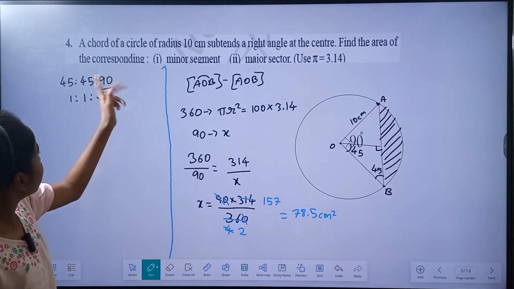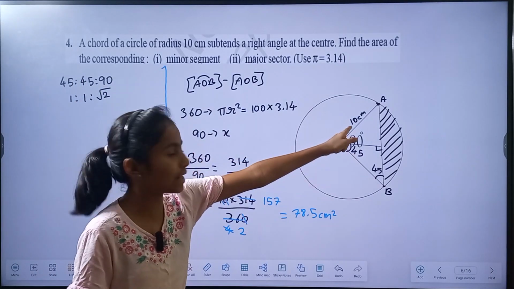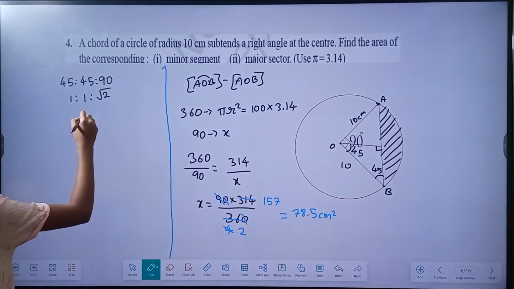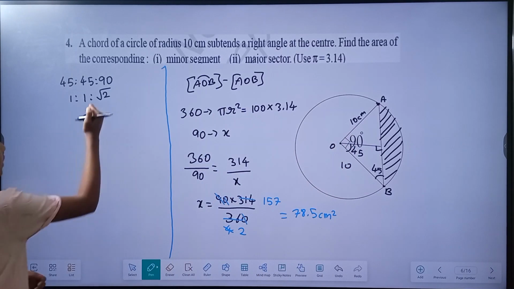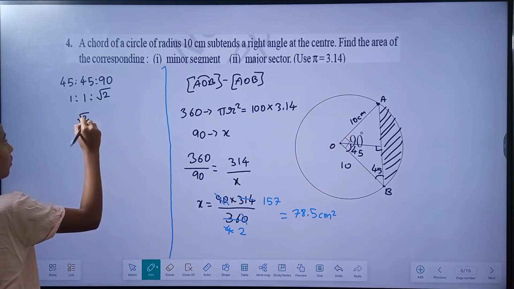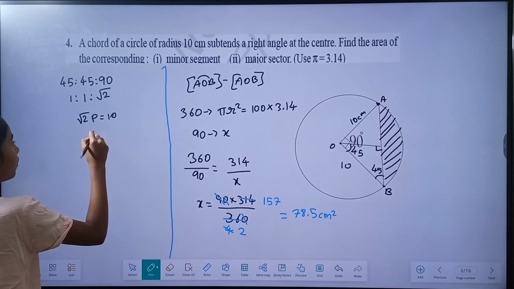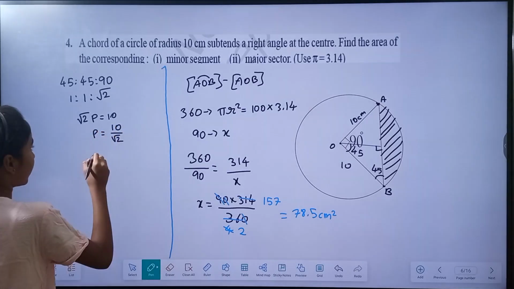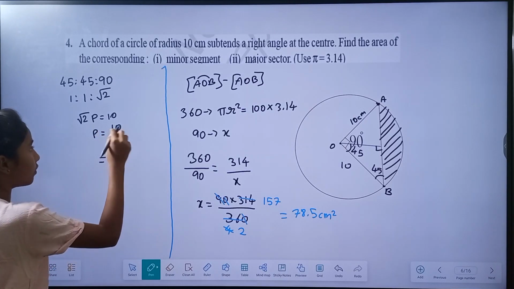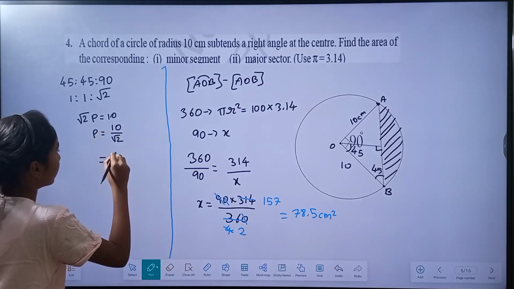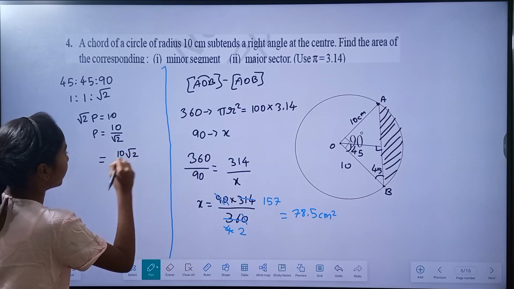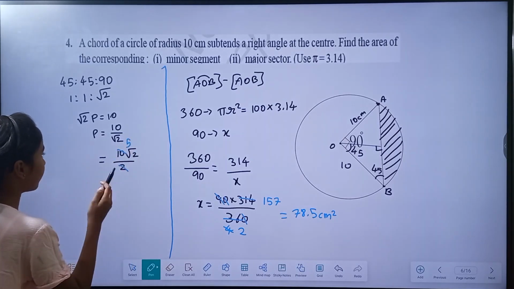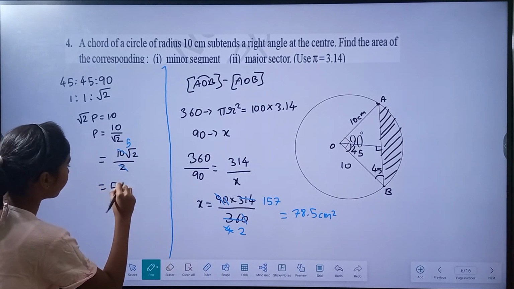Opposite the 90 angle, they have given 10 centimeter. So root 2 p equals 10, p equals 10 by root 2. By rationalizing, we get 10 root 2 divided by 2, which cancels to 5 root 2.